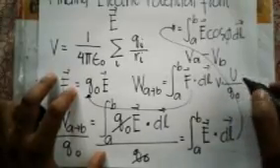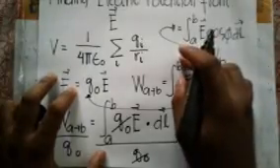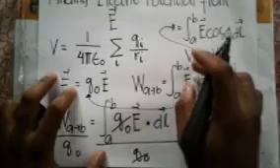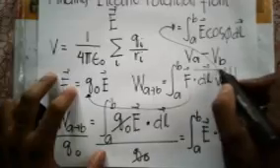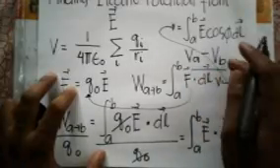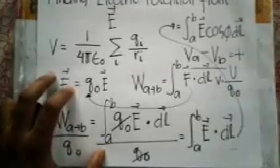So the potential at point B is less than the potential at point A, and V A minus V B will be positive. So if you move in the direction of the electric field, potential decreases. Now if you move in the direction opposite to the electric field, then the electric potential increases.